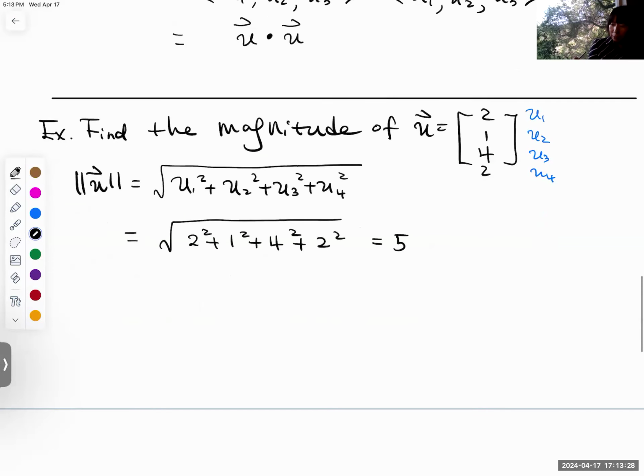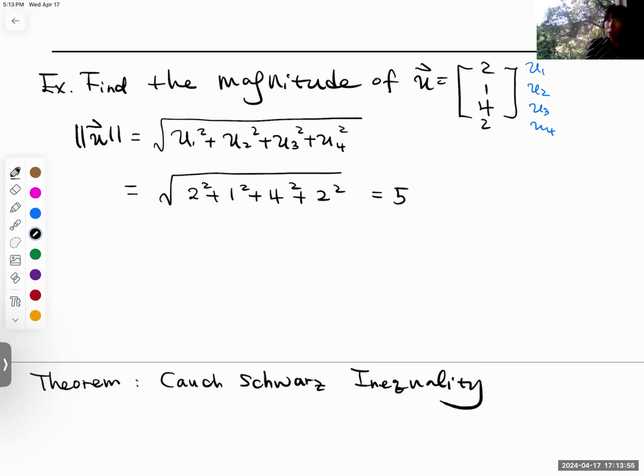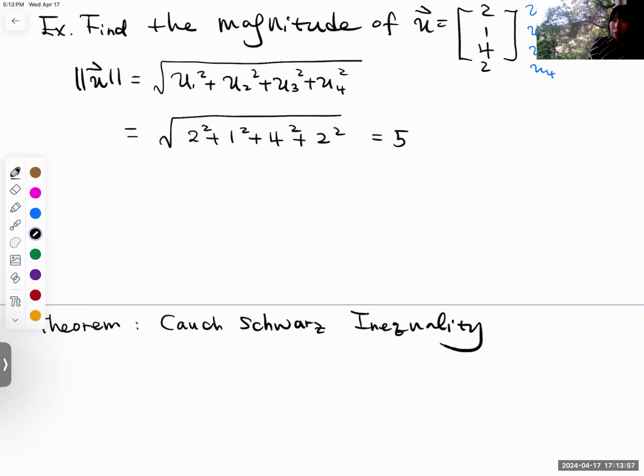Okay, now we have a theorem. I will not prove this one because if you take advanced linear algebra, they prove it for you. So, the Cauchy-Schwarz inequality.